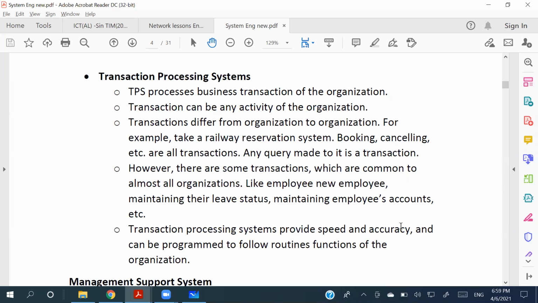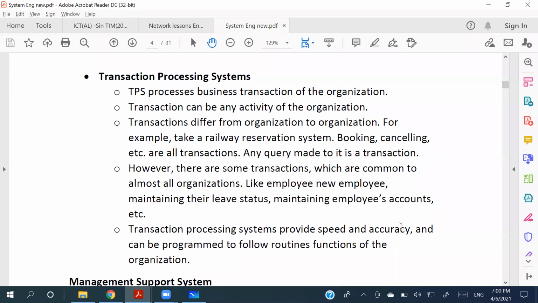There can be transactions which are general to every organization, and there can be transactions which are unique to particular organizations, right? What is general is like recruiting a person, right? Paying a salary. Those kinds of transactions are general, right?